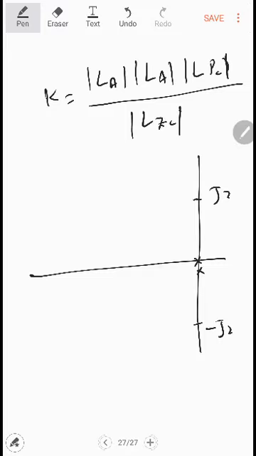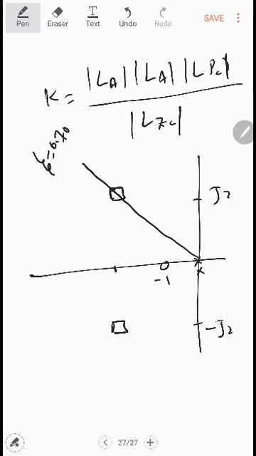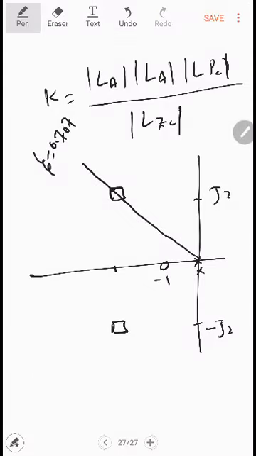We have 2 poles over here, we have a 0 at -1, and then at this point we are going to find the gain when the damping is equal to 0.707, and the settling time is equal to 2 seconds.